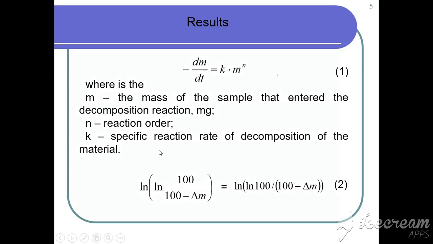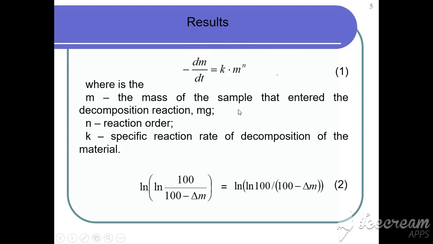But a more important task is to determine the activation energy of thermooxidative degradation. Calculation of kinetic parameters from the TG curve, which satisfactorily describes the kinetics of decomposition of solids, is based on equation 1.